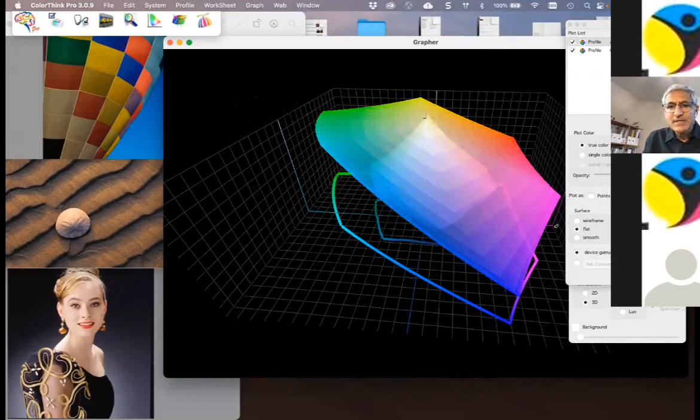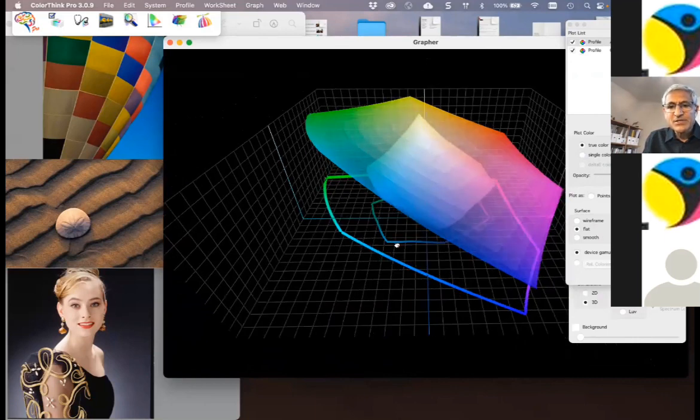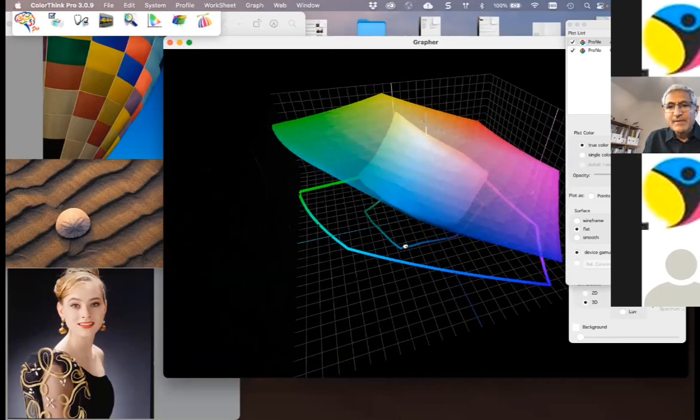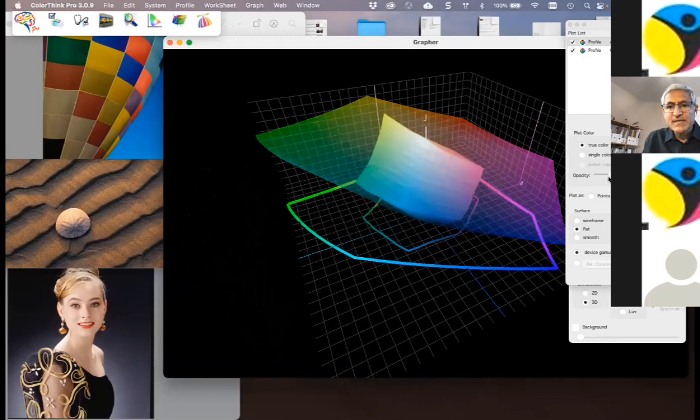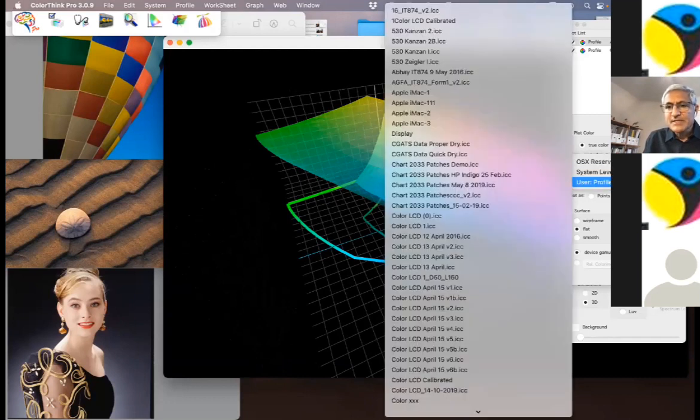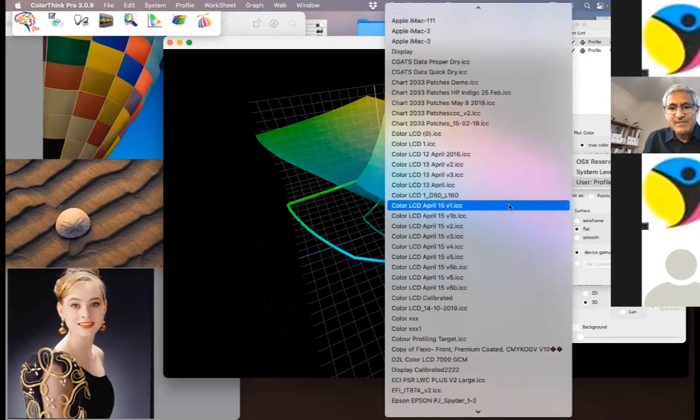So here are images. They typically are in RGB and they're bigger. The CMYK print gamut is smaller. And so we see that here. And what we have in gravure printing and all printing is that different paper types have different color gamuts.